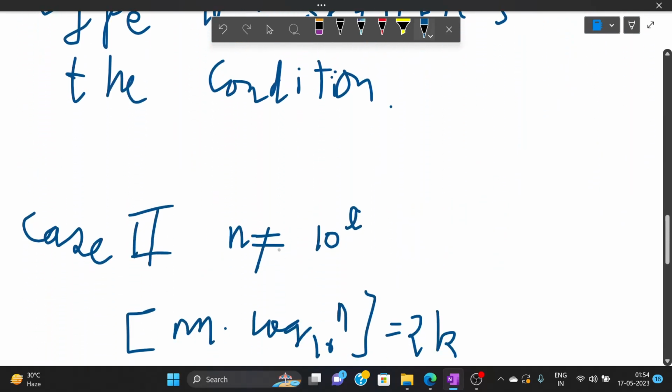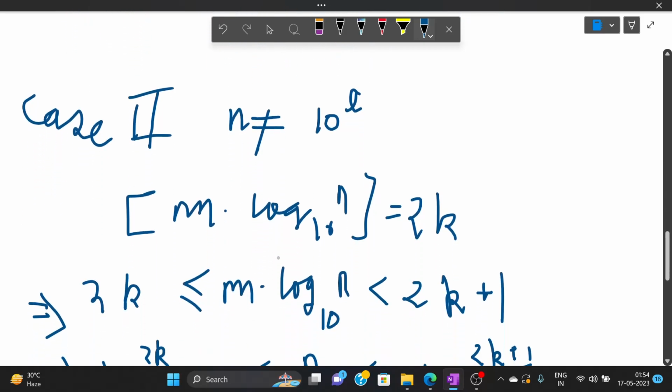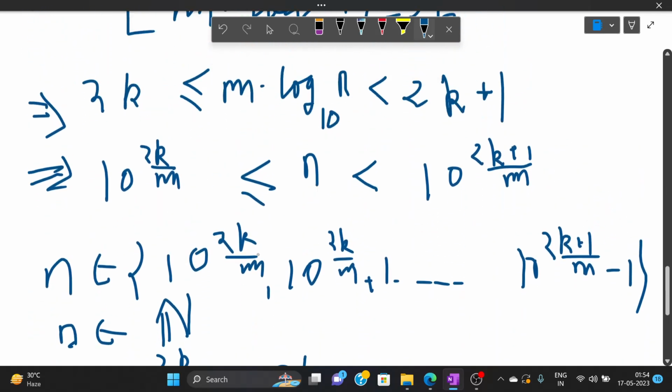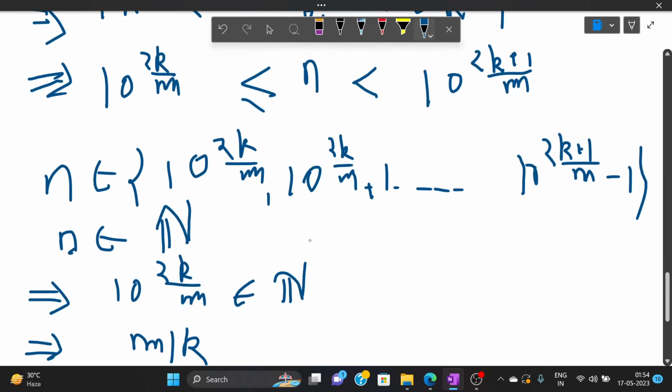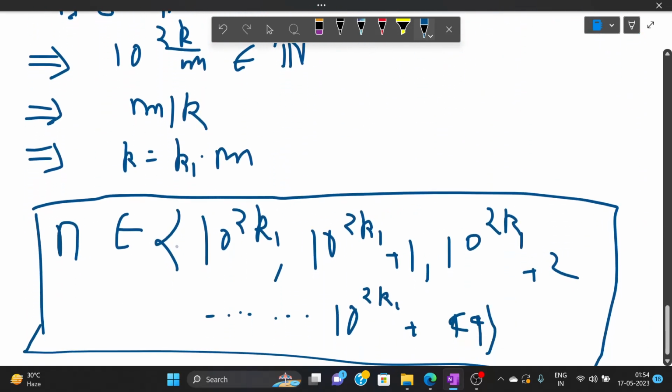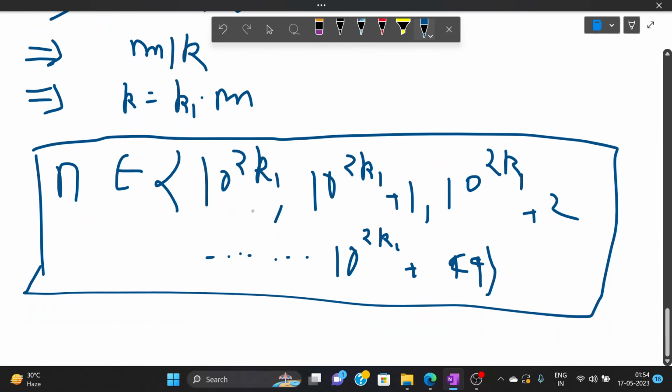Case 2 is that n is not equal to 10 to the power of l. So we made this type of equation, and from here we have that n should belong to this set: 10 to the power 2k1, 10 to the power 2k1 plus 1, and so on till 10 to the power 2k1 plus 99. That is up to modulo class 100, since it is 10 to the even power.